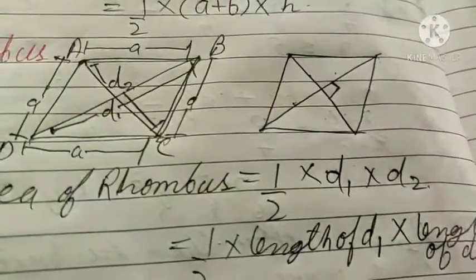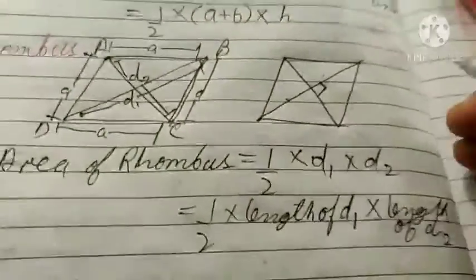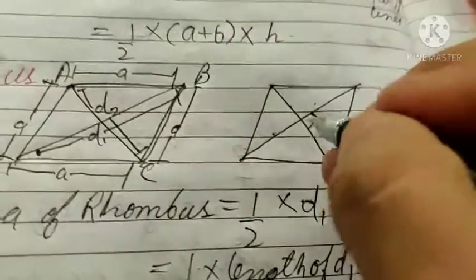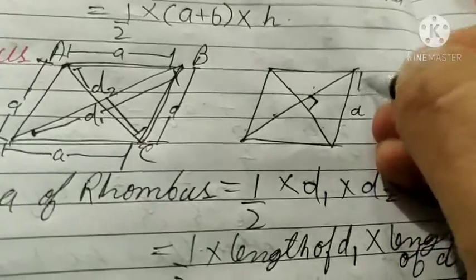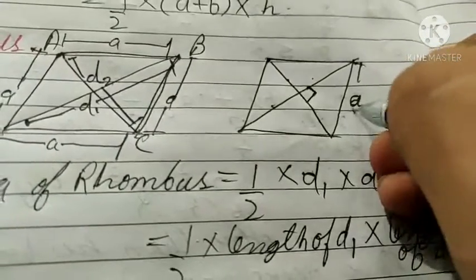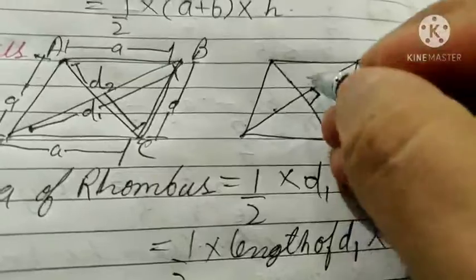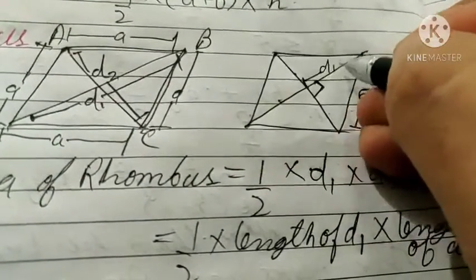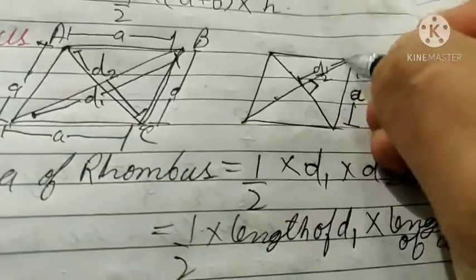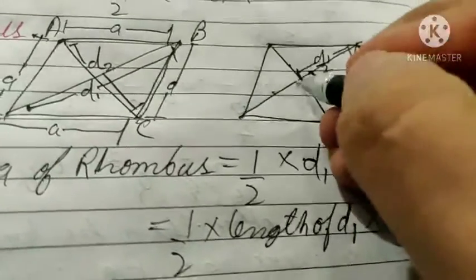Bisect means cut into equal parts. If this is diagonal 1, this length will be diagonal 1 upon 2, means half of the length of the diagonal.